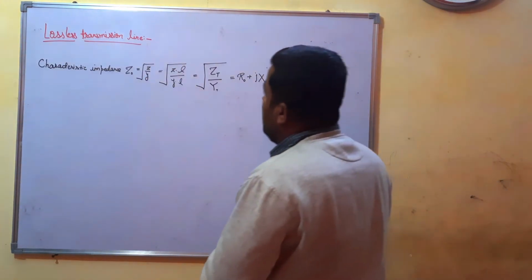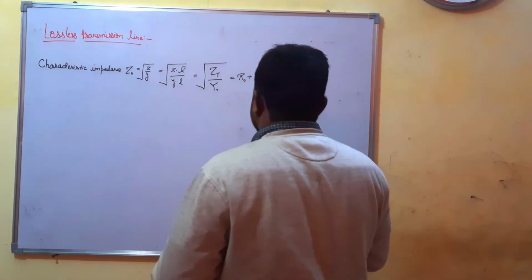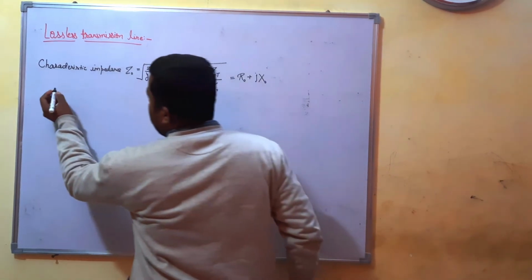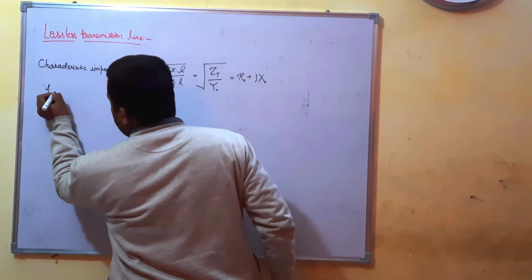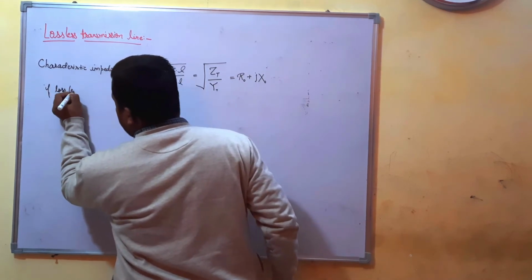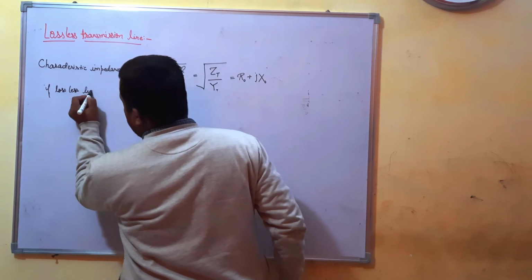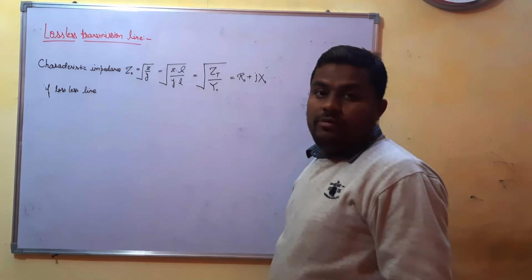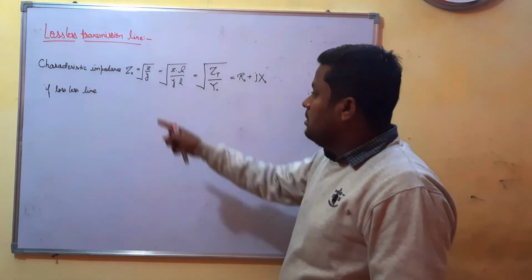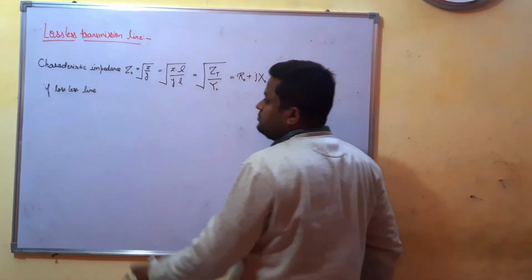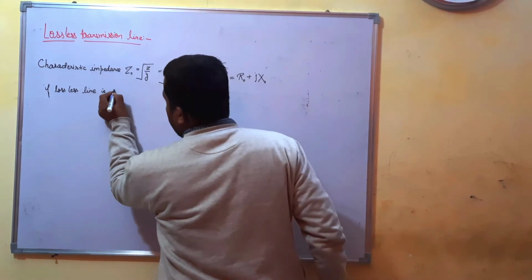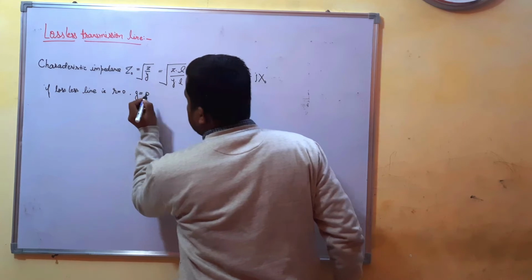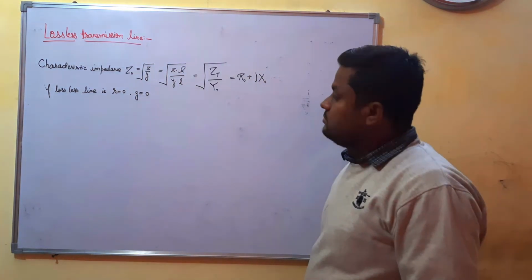Okay, now again, for a lossless line, that is R is equal to 0 and G is equal to 0.